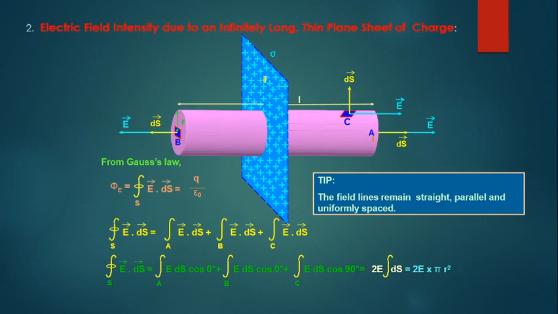In this case, this is a positive charge. The electric field is away from the positive charge. So this is the direction of the electric field, and the direction perpendicular to the surface is also the same.